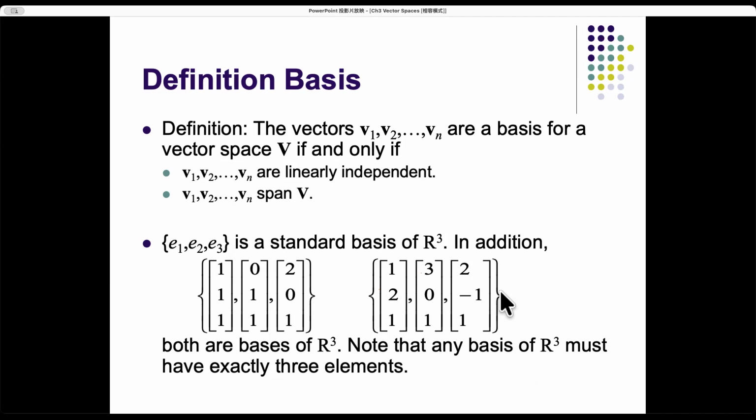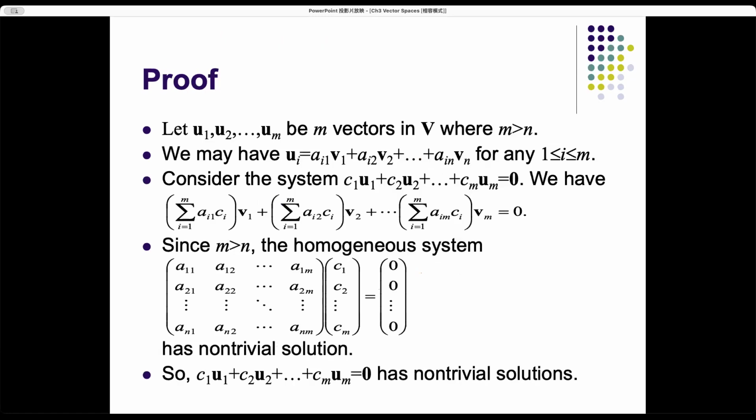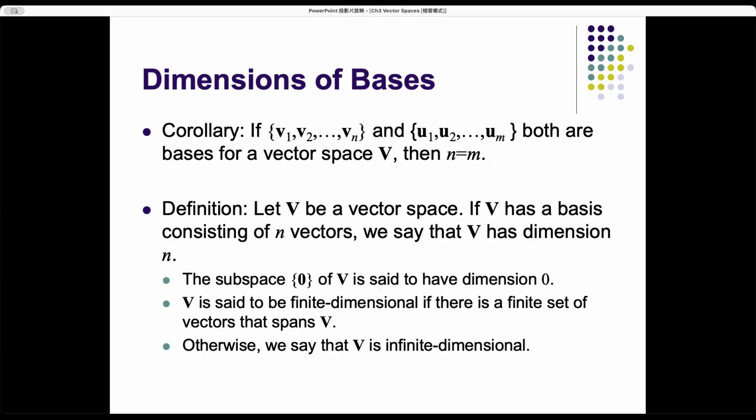Okay, so this explains this phenomenon. Then, because any basis for a given vector space has the same number of vectors, we can define that as the dimension of this vector space.